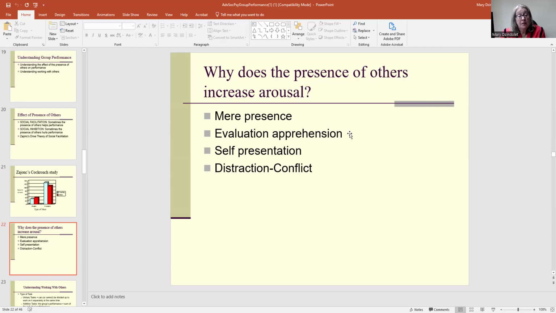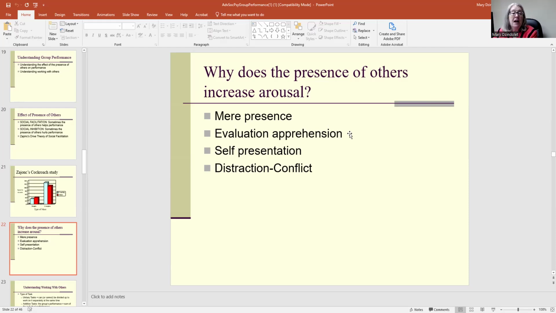So that's evaluation apprehension. They're not saying mere presence doesn't also play a role, but they're saying in addition to having other people there, and from an evolutionary perspective, that increases our heart rate. In addition to that, sometimes we're kind of nervous that the other person's going to be evaluating us negatively.